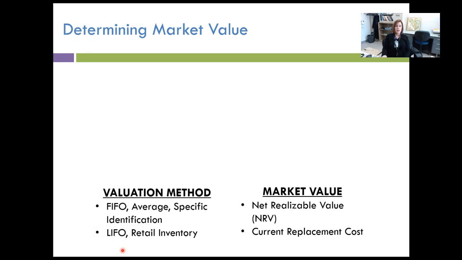So this basically gives us a more conservative approach to valuing our inventory, because if prices are in fact declining and what we have on our book value represents a higher value than what we could replace it for today, that may deceptively show our inventory as being more valuable than it is.